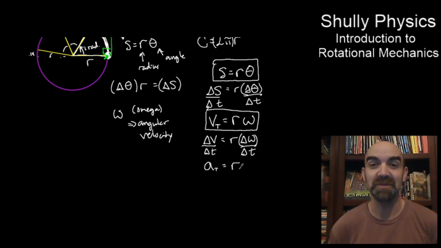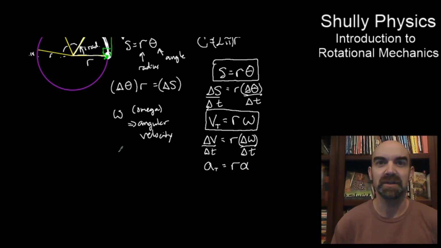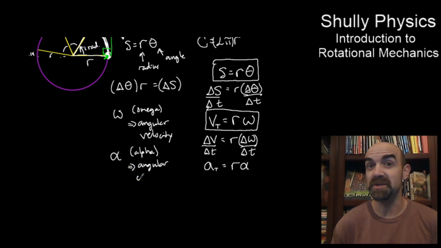Our r still remains a coefficient in there, and just like this became an angular velocity, we're going to have an angular acceleration. And this is the Greek letter alpha, lowercase alpha, and this represents an angular acceleration.